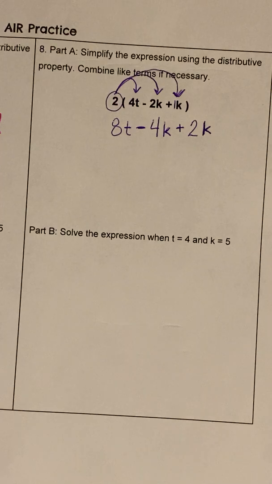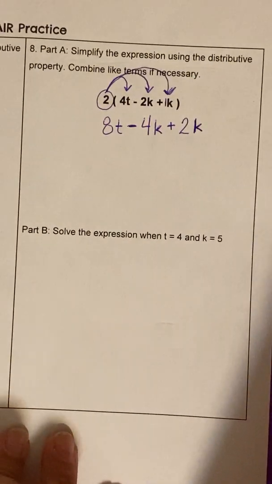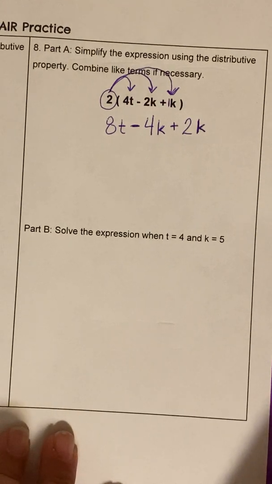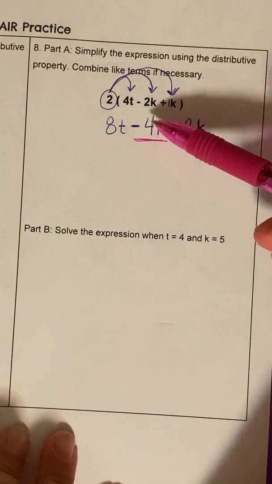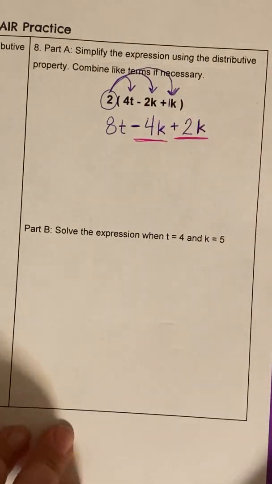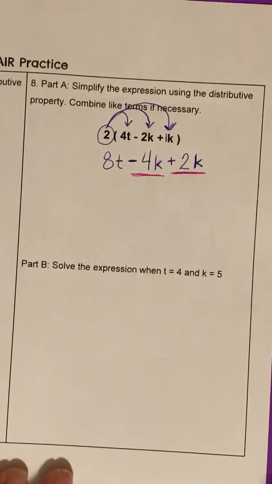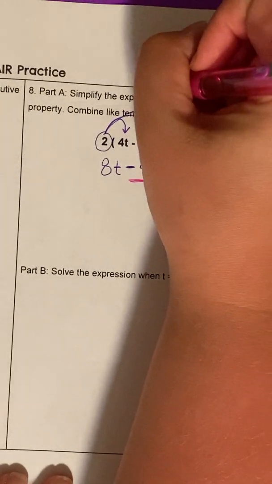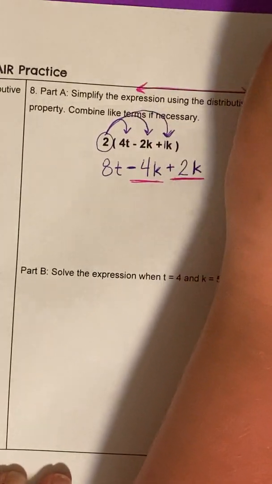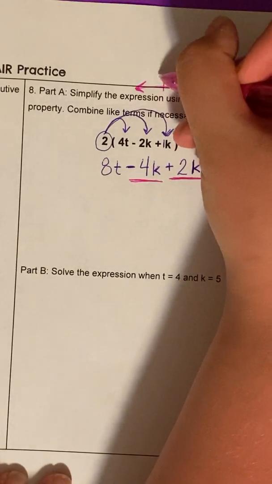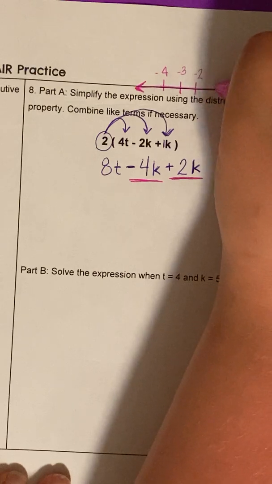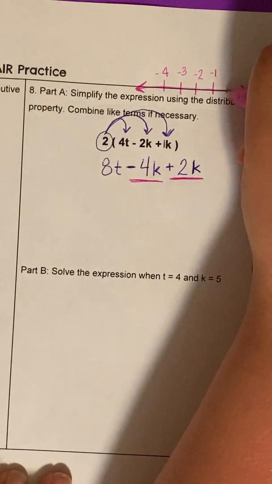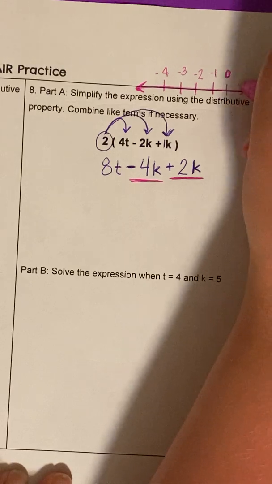So now I see that we have k's. I have a minus 4k, and then I have a positive 2k. So if you have negative 4, and then you add 2, it might get a little tricky here. So I'm going to make a number line up here. If I have negative 4, negative 3, negative 2, negative 1, 0, 1.